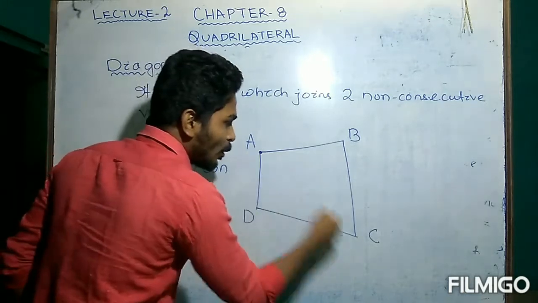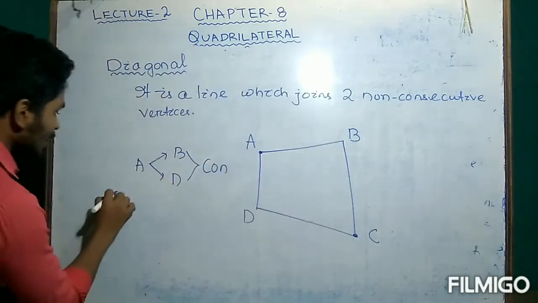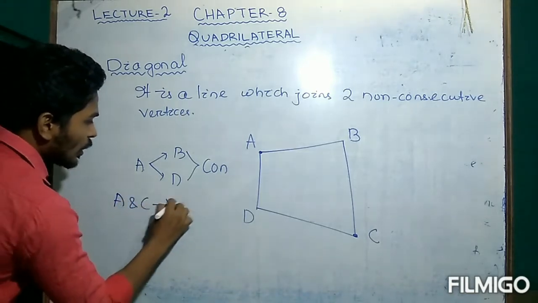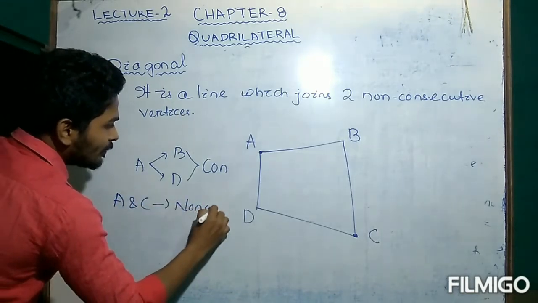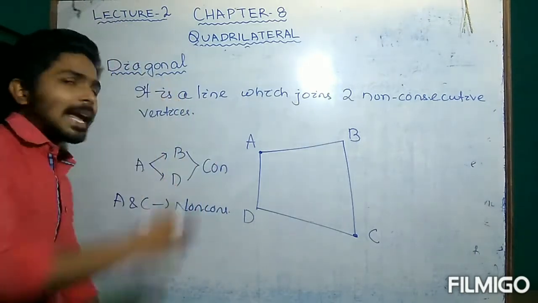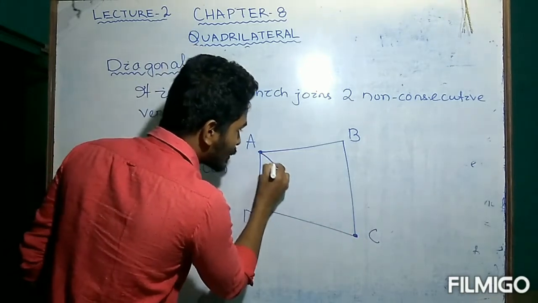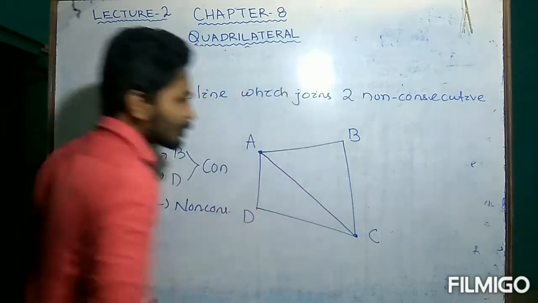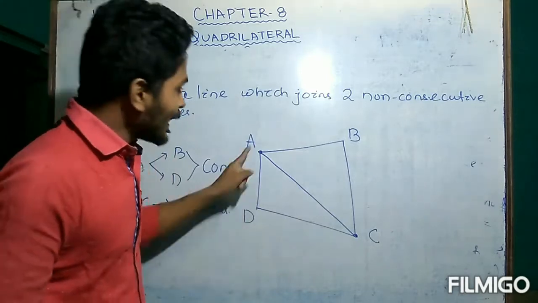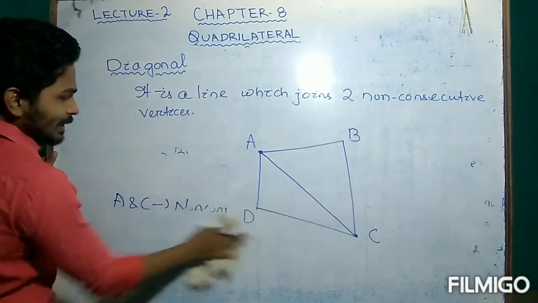A and C have no interconnection between them. That is why A and C are known as non-consecutive vertices. In order to draw a diagonal, we simply join these two non-consecutive vertices. Now this is a diagonal. AC is a diagonal. Do you understand it?